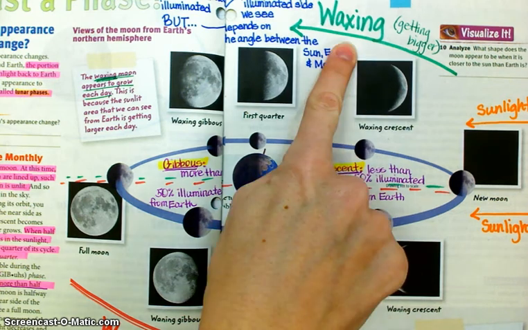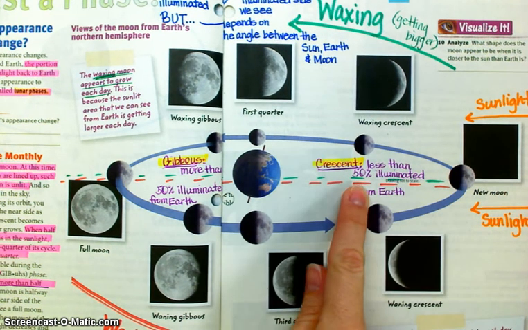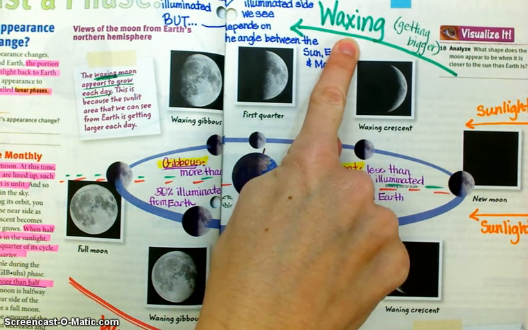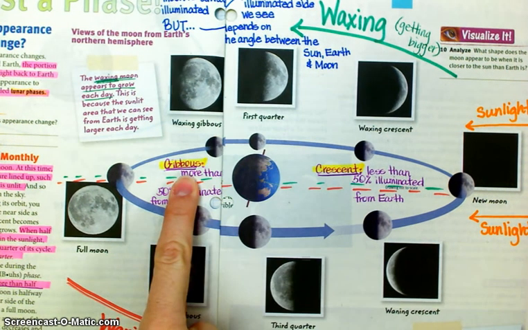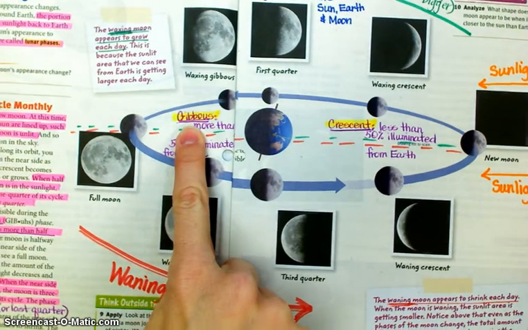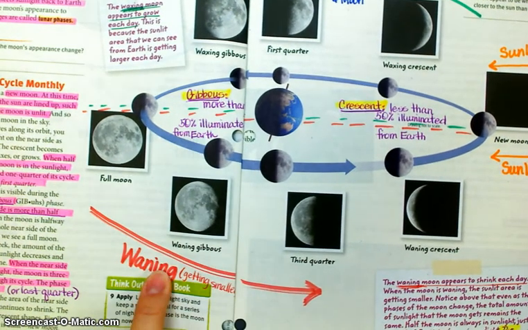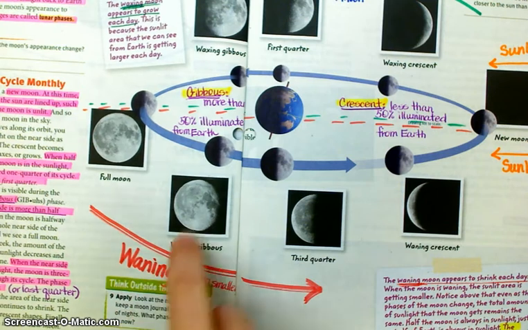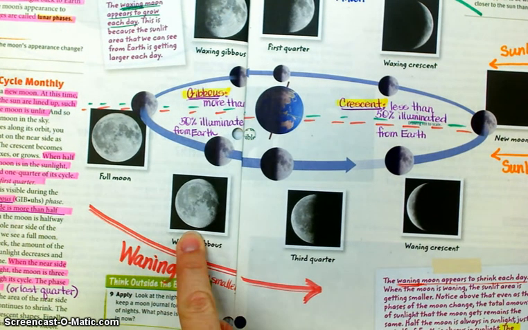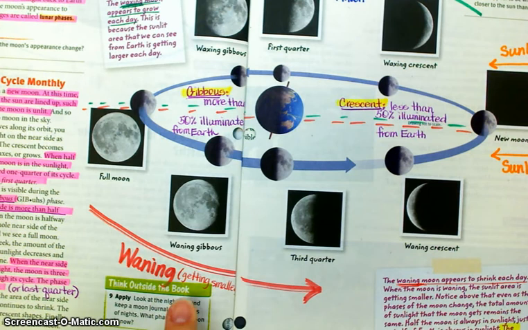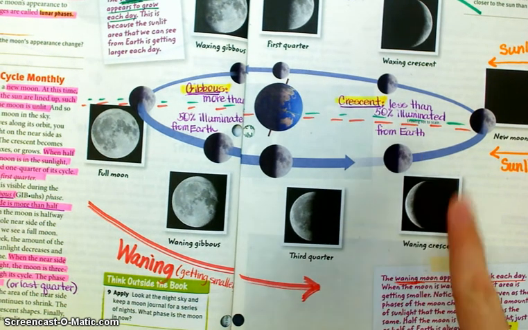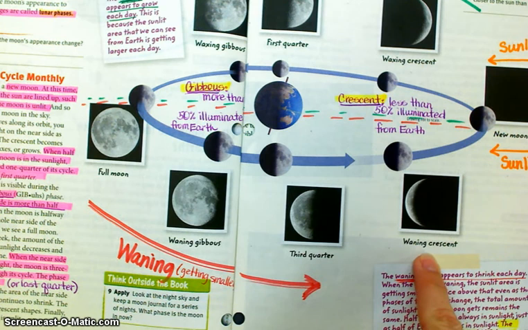If it's growing each night, but it's less than half full, it's a waxing crescent. If it's growing or getting bigger each night and it's more than half full already, then it's a waxing gibbous. If it is getting smaller each night, but it's still more than half illuminated, then it's a waning gibbous. If it's getting smaller each night and it's less than half illuminated from our perspective, then it's a waning crescent.